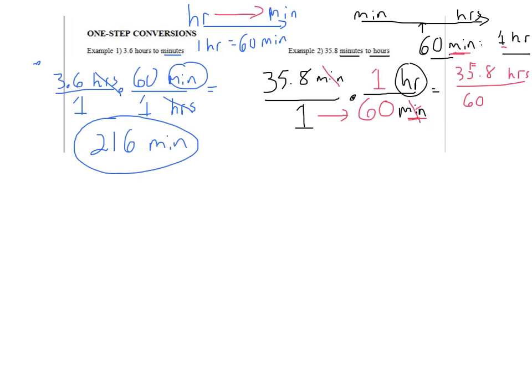So now we simply have to divide. 35.8 divided by 60 will give you 0.596 with the 6 repeating. What are the units? Well, the units are hours. Notice when you circle, make sure that you don't circle over that repeating bar. Alright, let's go on to the next example.